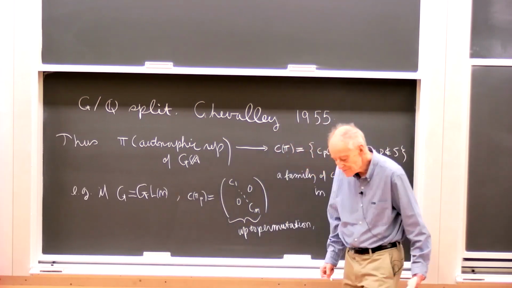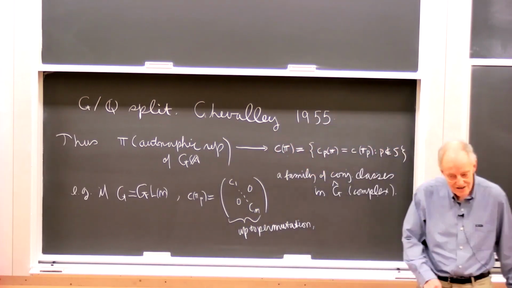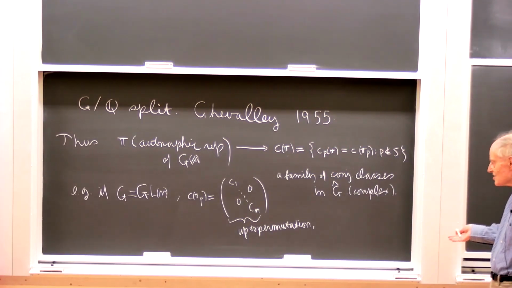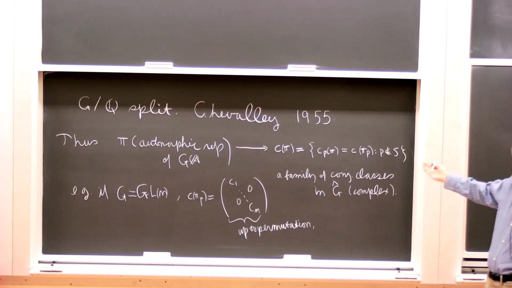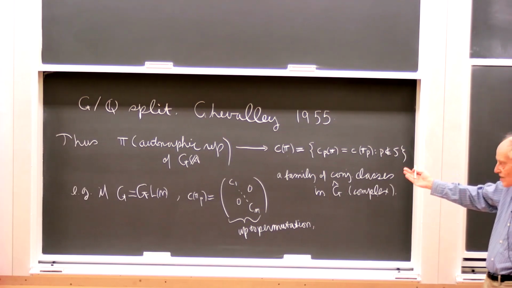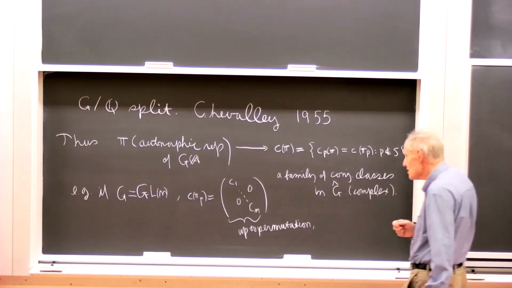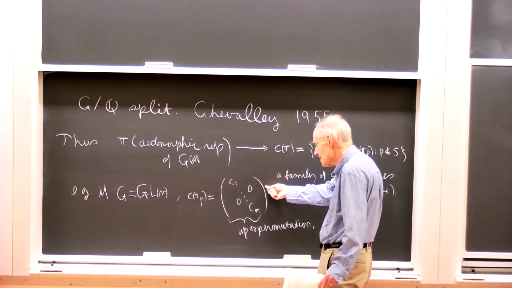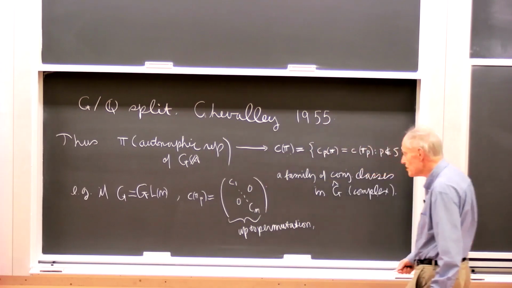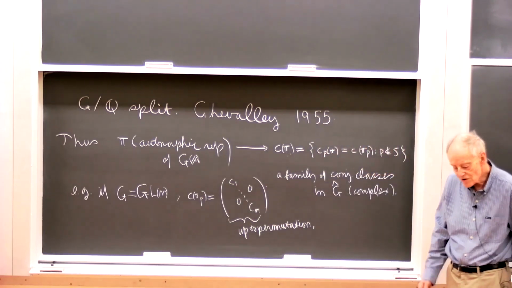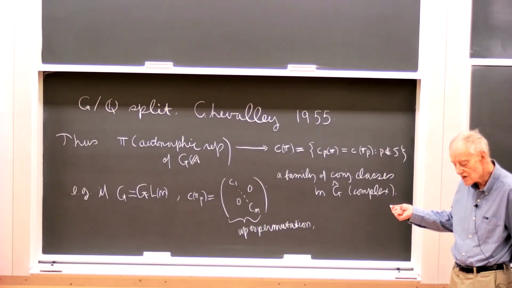And last time, and I think even the time before, I described, in a rather clumsy fashion, the way these data appear in the construction of unramified representations, which are the constituents at almost all places of an automorphic representation. So they're the induction data that give you the local constituents almost everywhere.